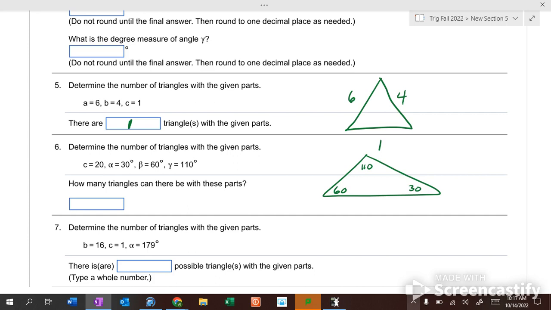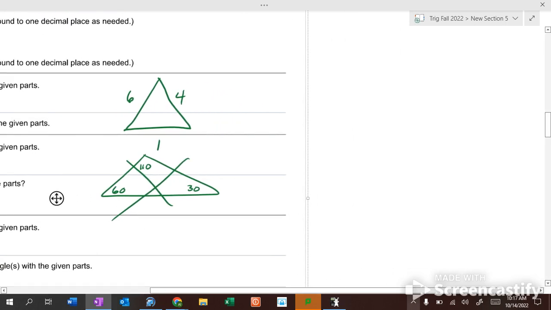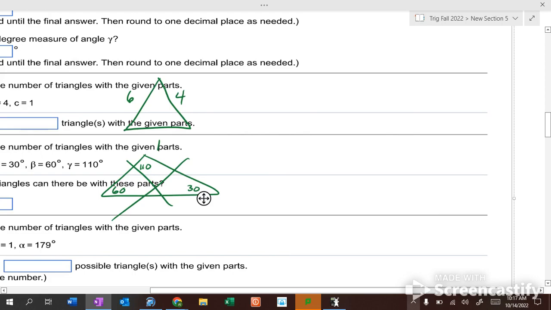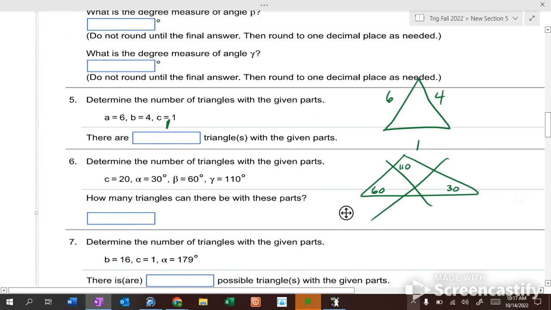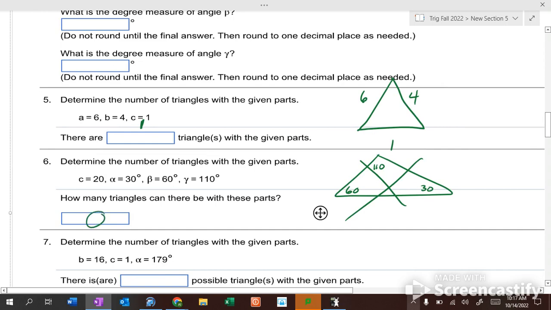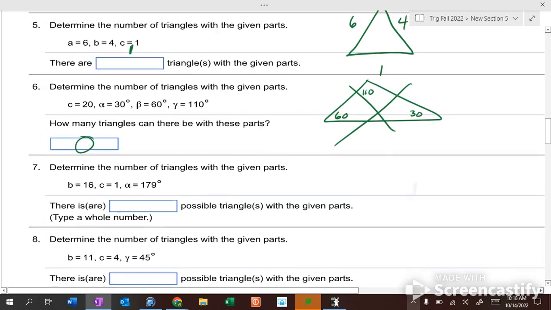Think a little harder on this one. 0. Why, Andrew Comas? Can't have one. Because it's over 180 degrees. There we go. 0.